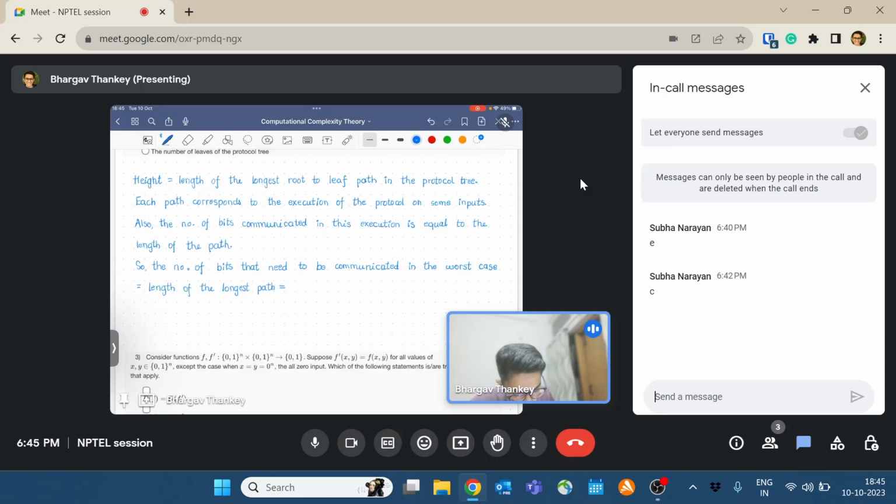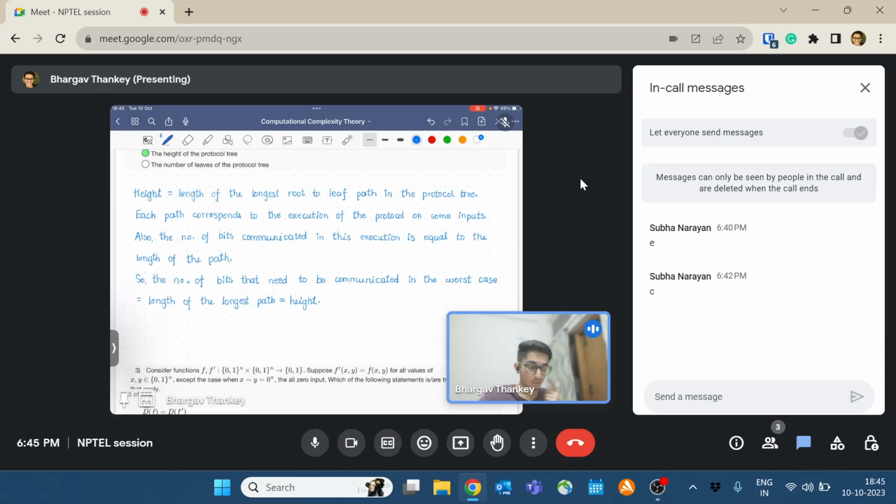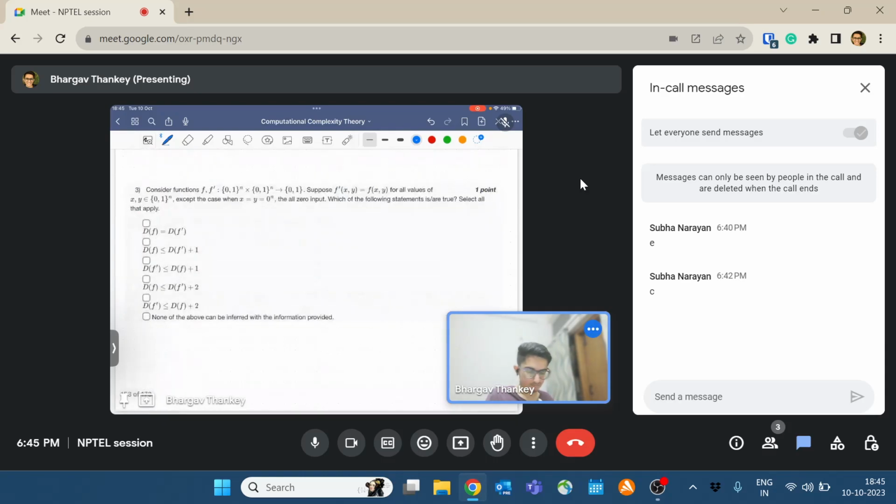And this is equal to the height. Yeah, so this is why the number of bits that you need to communicate in the worst case is equal to the height of the tree. Now let's look at the next problem.